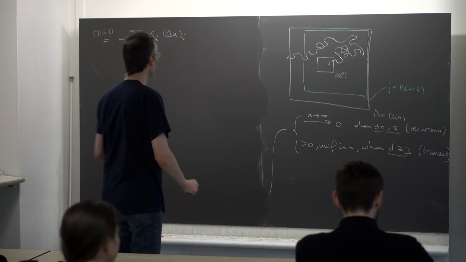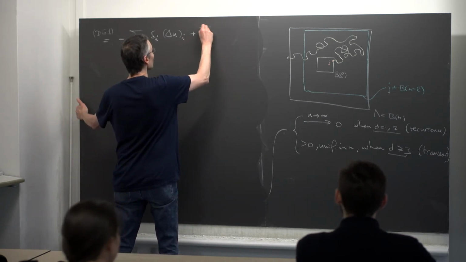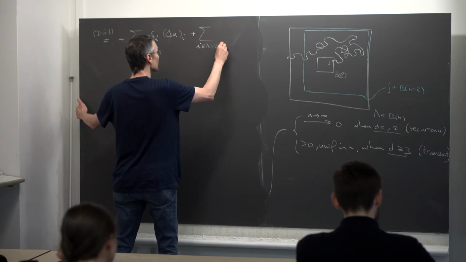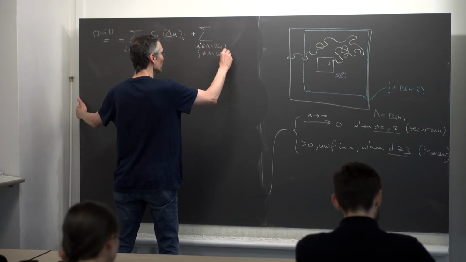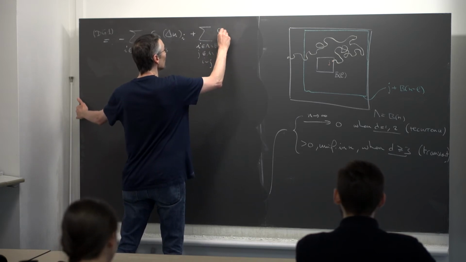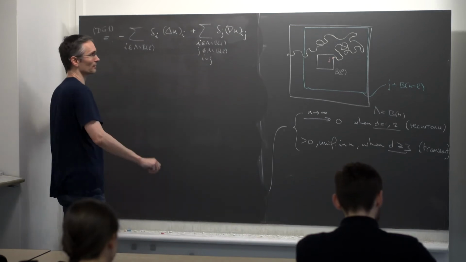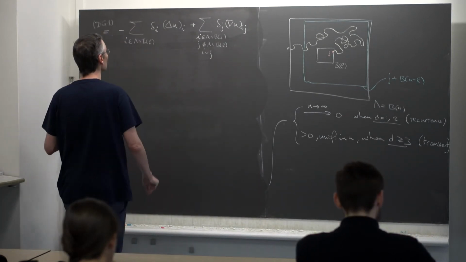Then you have the boundary term, plus the sum over all i in Lambda minus B_L, j not in Lambda minus B_L, that's the boundary term, i and j are neighbors, of delta j times gradient u at ij. And that's this identity we proved a few weeks ago.